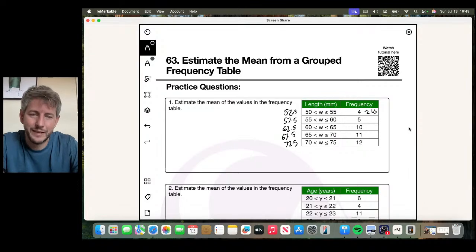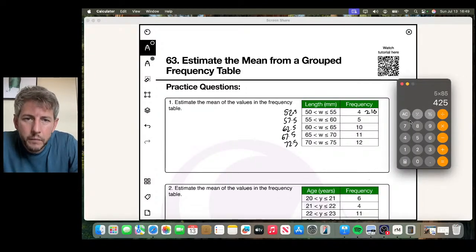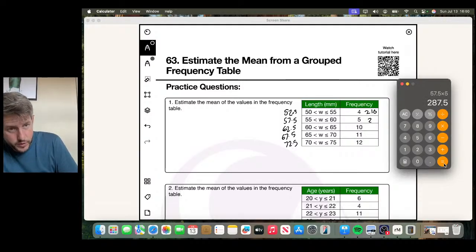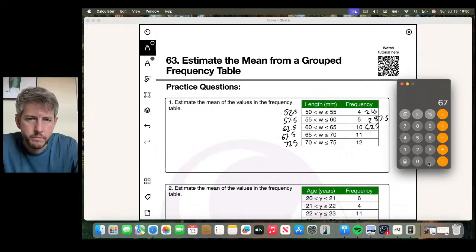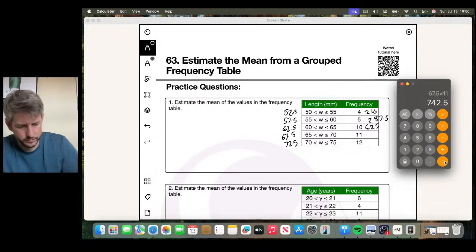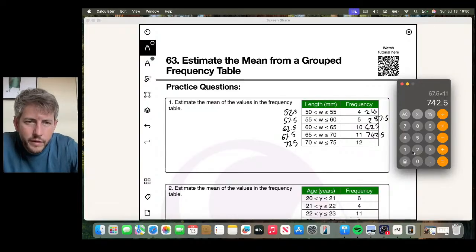Times by 5, I can't do that one. 57.5 times 5, 287.5. Okay, times by 10, nice. Times by 11.